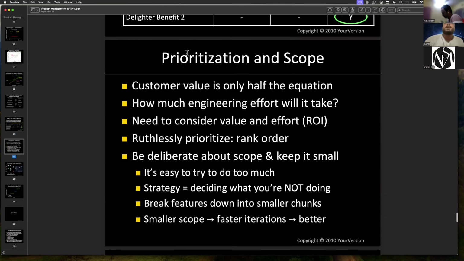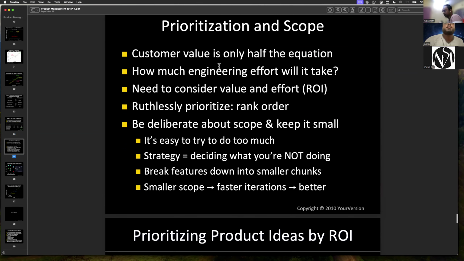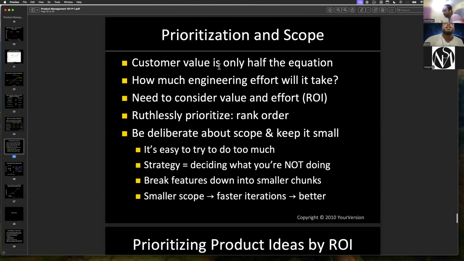Okay. Prioritization and scope. Customer value is only half the equation. This is important as well. Whatever we talked about from the beginning is related to how much value I'm providing to the customer, how good the competitors are, and how good the feature is.